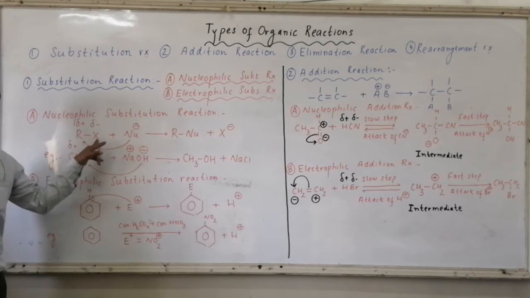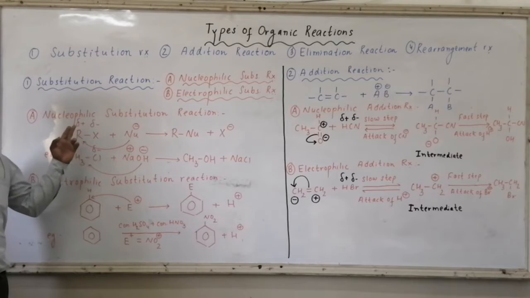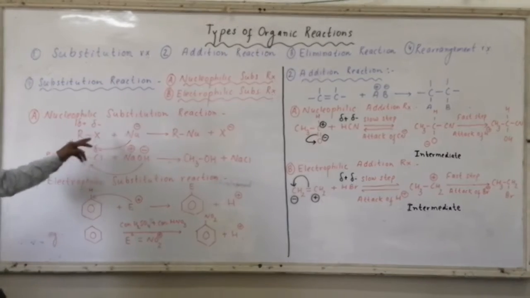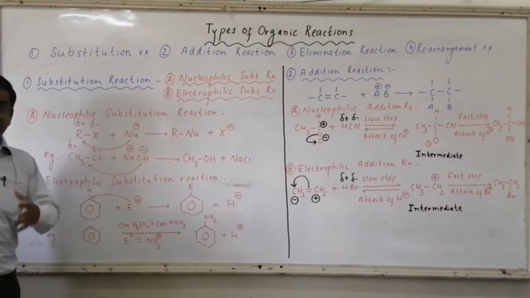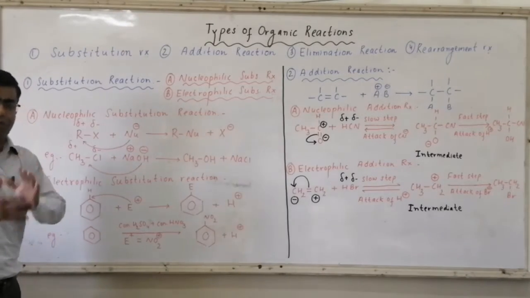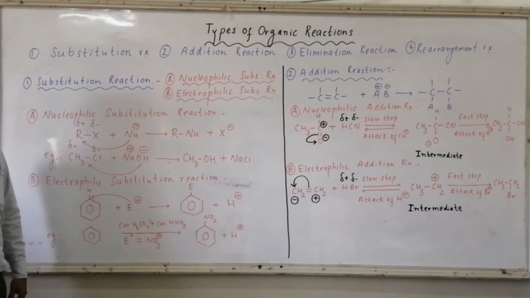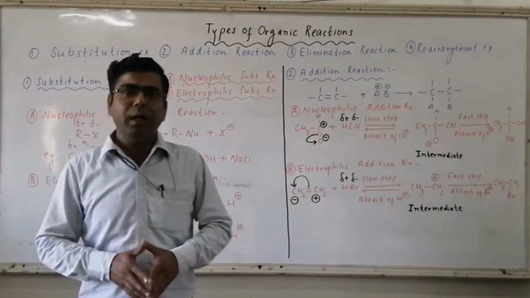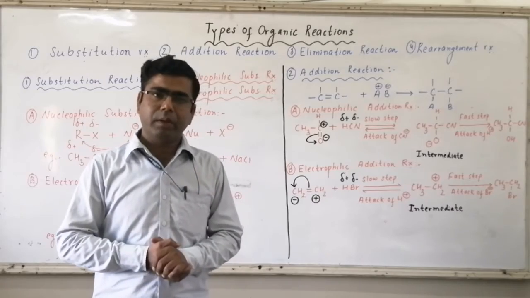Being an electronegative atom, X will attract the shared pair of electrons towards itself, as a result of which delta minus, that is partial negative charge, will be developed over X atom because it has attracted the shared pair of electrons. While carbon will develop delta plus or partial positive charge because the shared pair is moved away from the carbon atom.